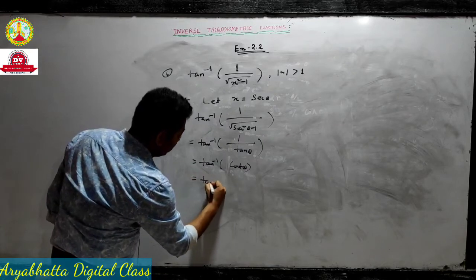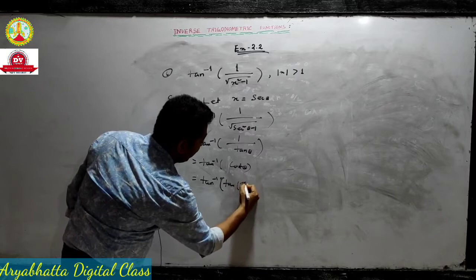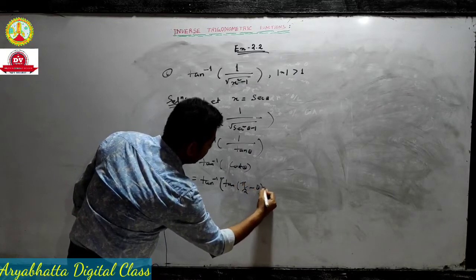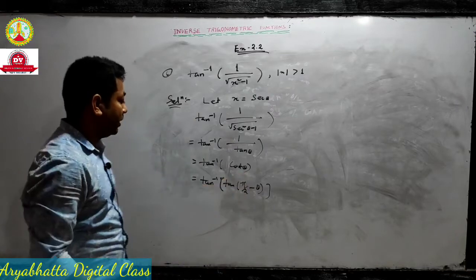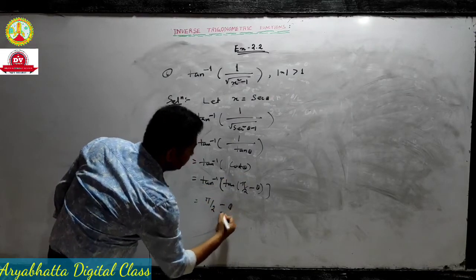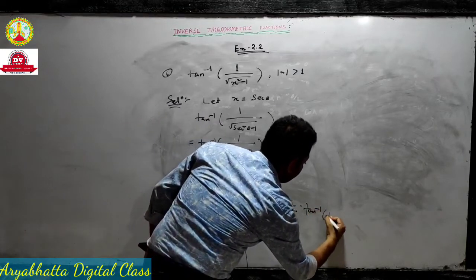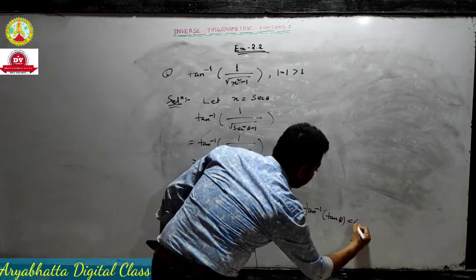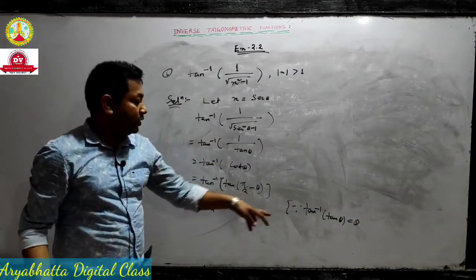This is equal to tan pi by 2 minus theta. Already we have learned tan pi by 2 minus theta equal to cot theta. Therefore, pi by 2 minus theta, since tan inverse tan theta is equal to theta. From the properties of inverse trigonometric functions, tan inverse tan theta equal to theta.